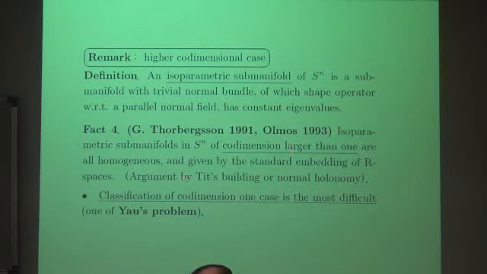So this case was settled 20 years ago. However, the codimension 1 case, the hypersurface case, is left. And this is the most difficult case, and one of Yau's problems. However, up to now, the g equals 1, 2, 3, and 6 cases are all settled.